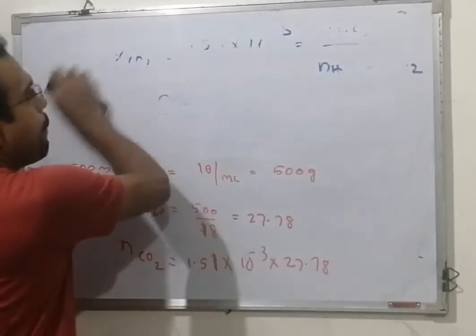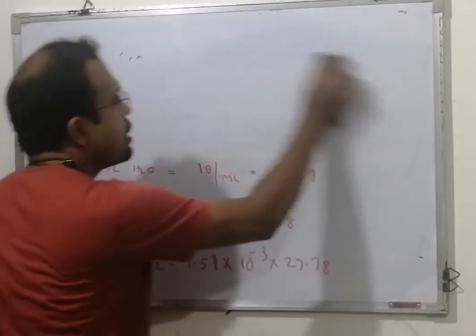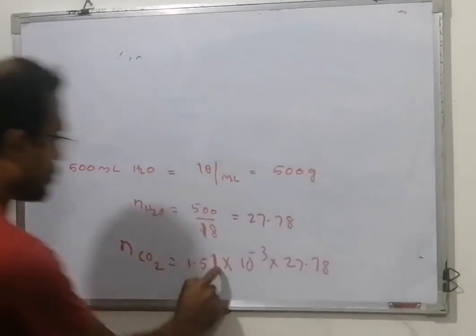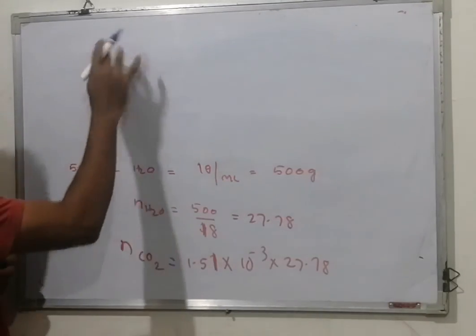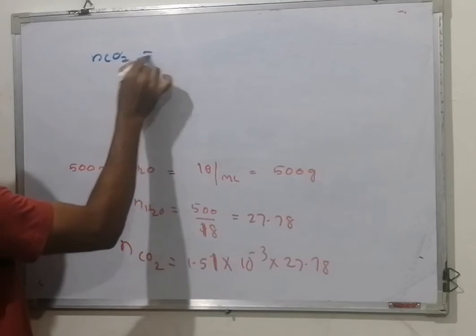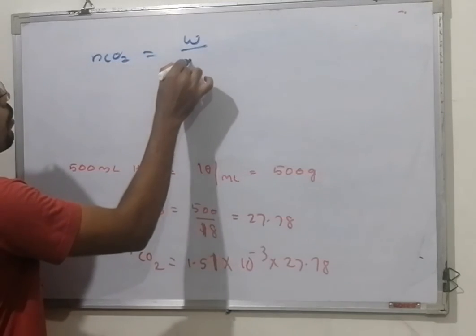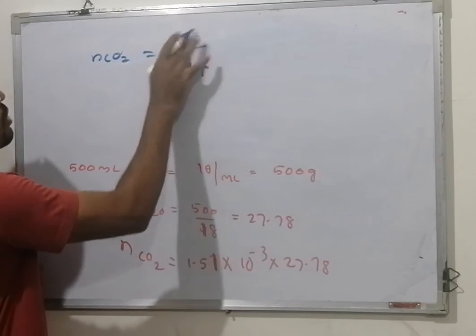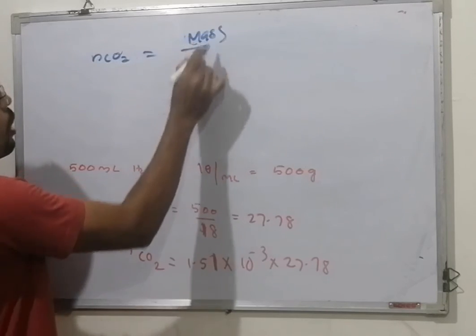Now, what is the mass of the carbon dioxide? This is the number of moles of carbon dioxide dissolved. The number of moles of carbon dioxide means mass divided by 44, the molar mass.